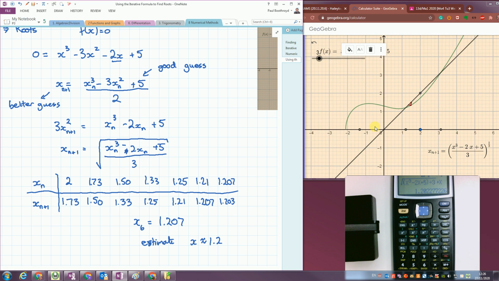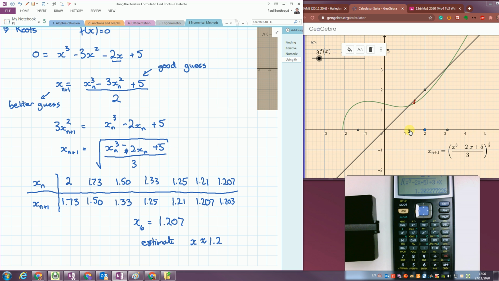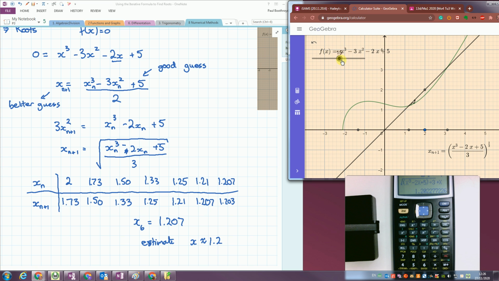And that's where this number seems to be zooming into. If you zoom in, this root is 1.2. So I could keep going lots and lots of times, getting closer and closer to that point. Okay, so that's that root coming out.